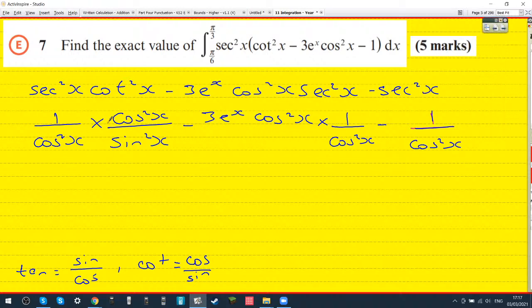Cos squared x over sine squared x cos squared x. Right. What's cos squared over cos squared? Anything divided by itself? 1.